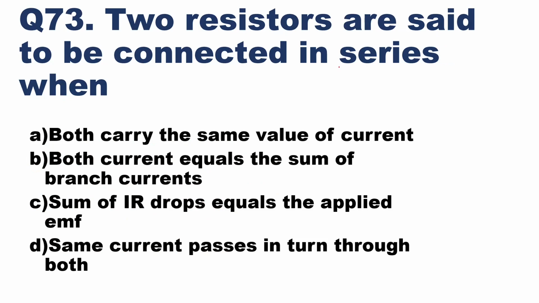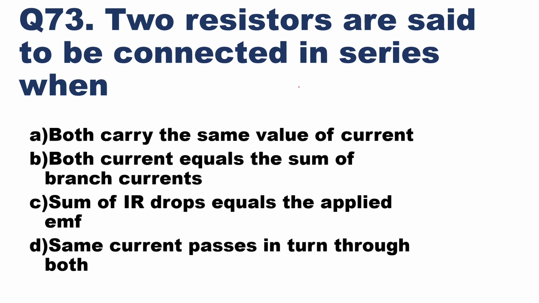Then we'll go to the next question, question number 73. Two resistors are said to be connected in series when: both carry the same value of current, both currents equal the sum of the branch currents, the sum of IR drops equals the applied EMF, or the same current passes in turn through both.